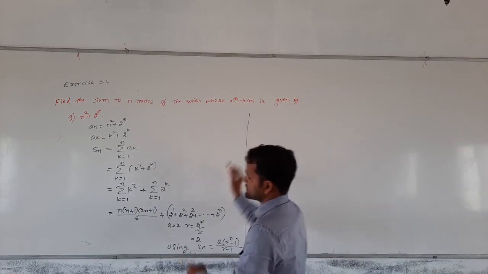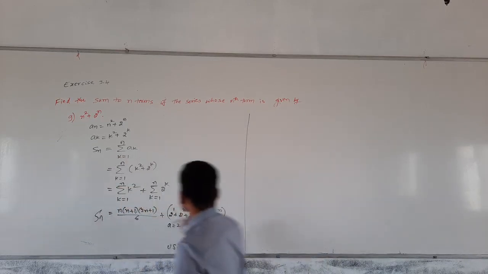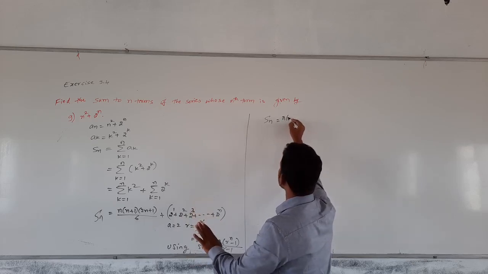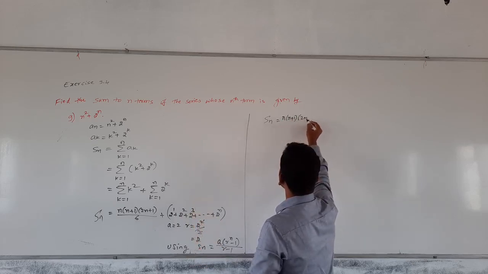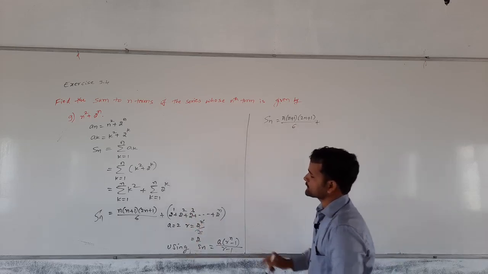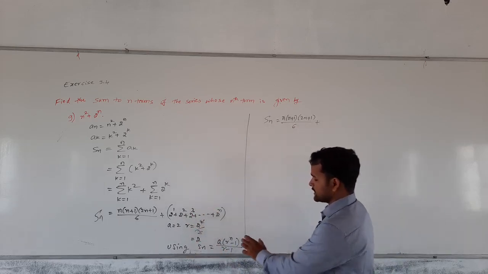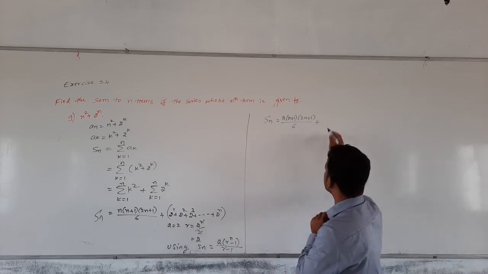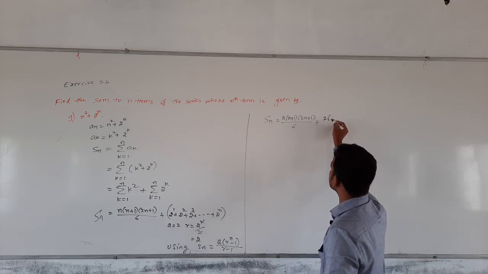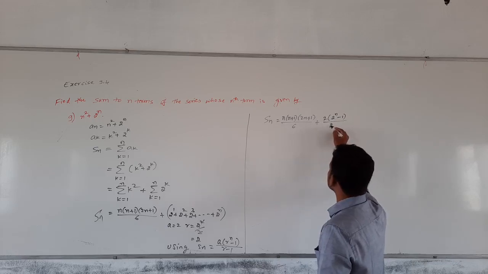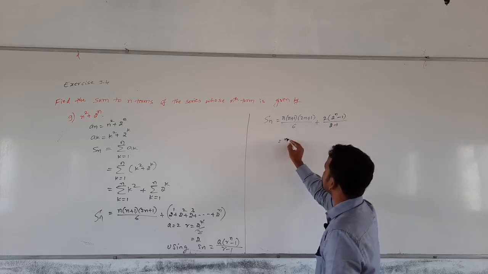Now, Sn is equal to, for the first term we can't do anything, it is final, n into (n plus 1) into (2n plus 1) by 6, plus, using the Sn formula, the sum of all those. A is 2, r is 2, n terms are there, so 2 into (2 raised to n minus 1) divided by (2 minus 1). 2 minus 1 is nothing but 1.